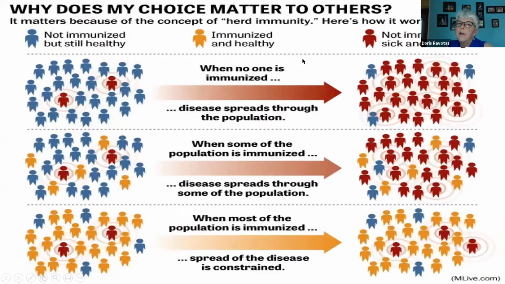Here's another one, herd immunity, community immunity, using again a lot of the pictures and what's happening from being not immunized, and then what happens later on when no one is immunized, when some of the population is immunized, compared to when most of the population is immunized.